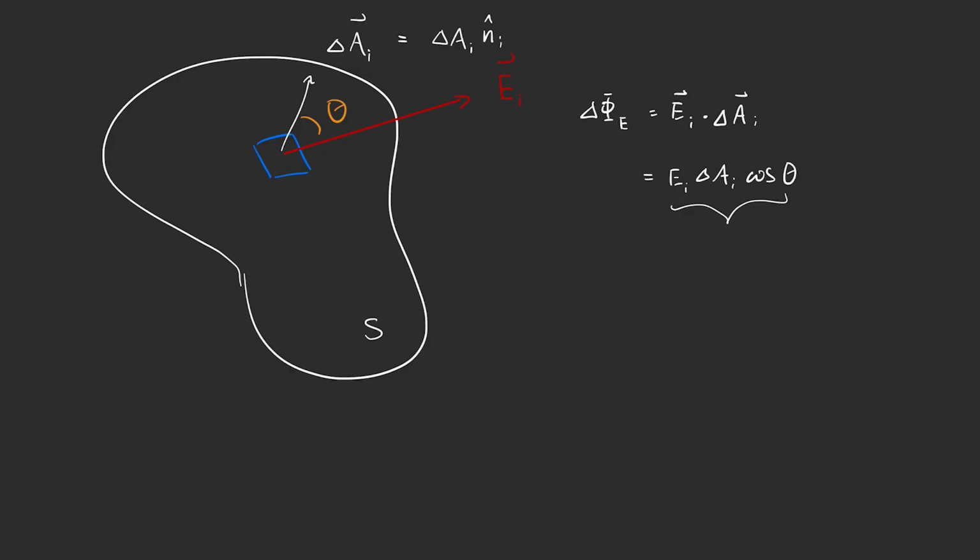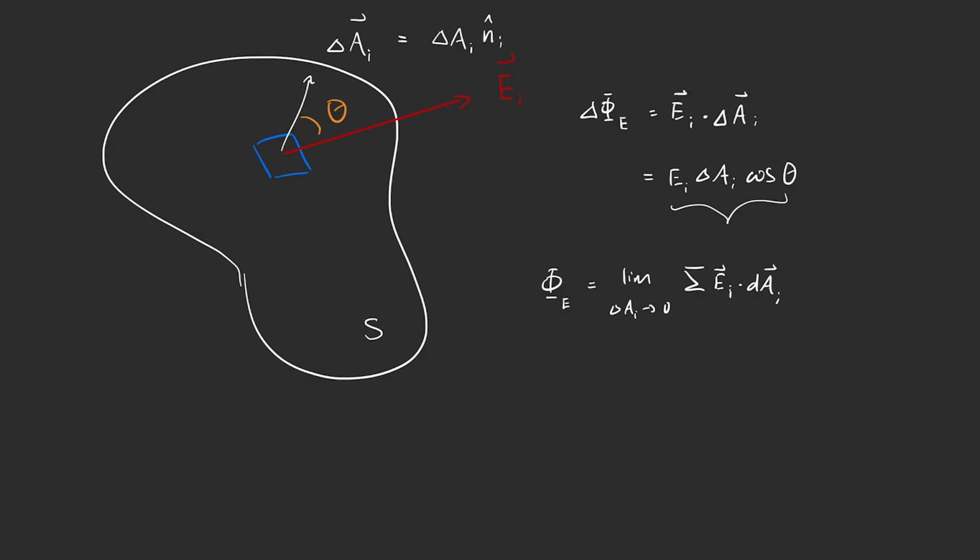We do this by summing up all of the area elements. So we take the limit as the area elements become infinitesimally small, and this is how you write it mathematically, of the sum of our expression, which is E dot dA, where dA again is our area element.